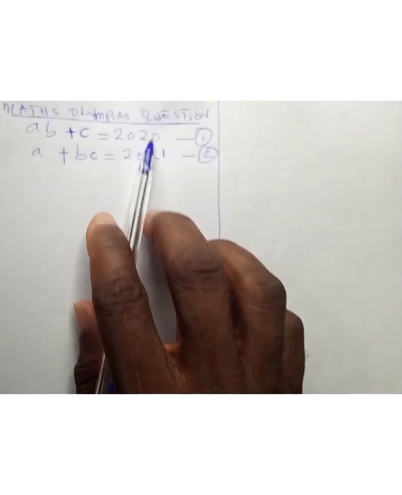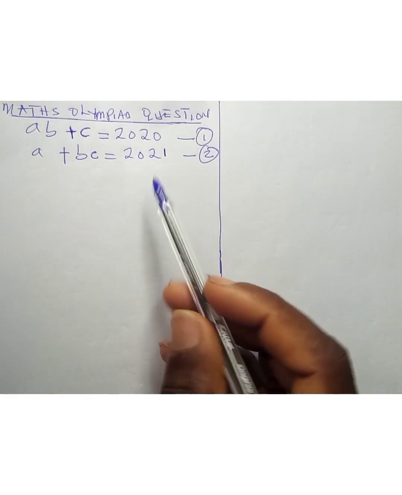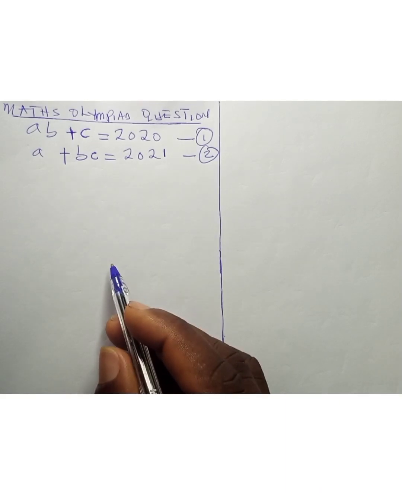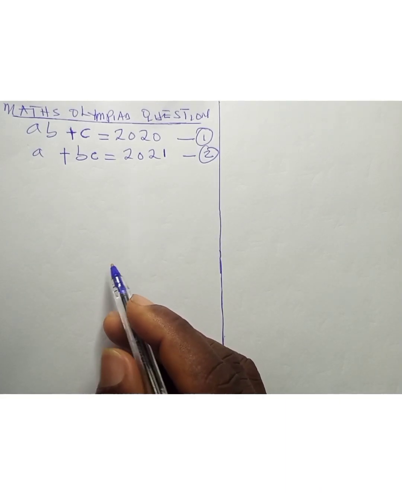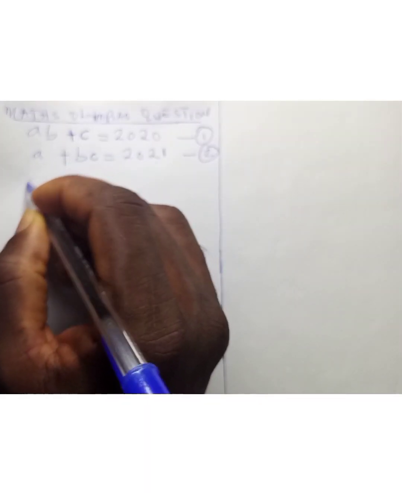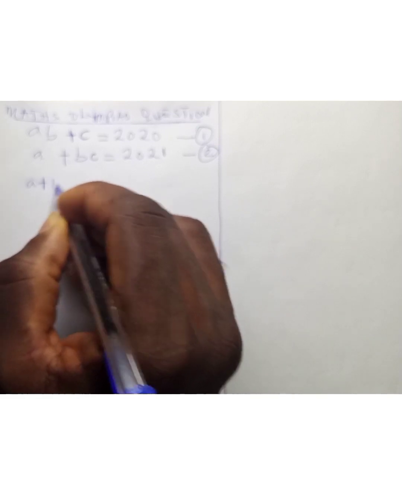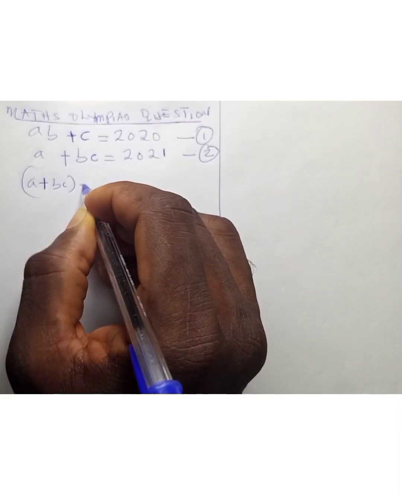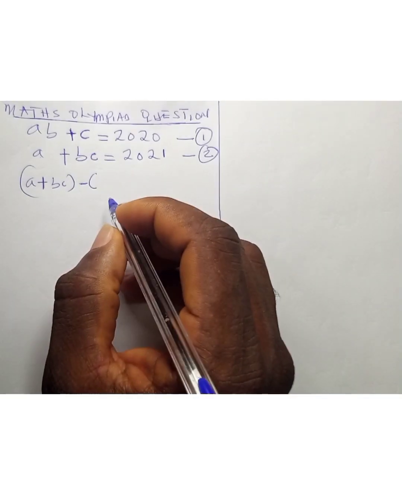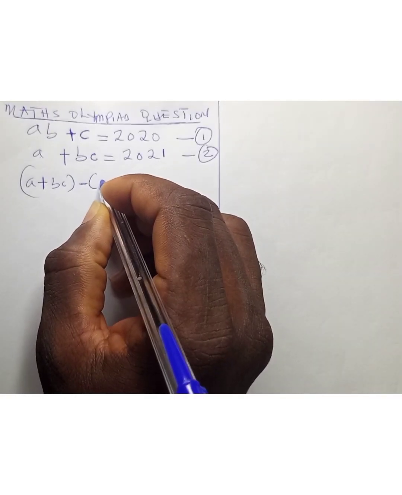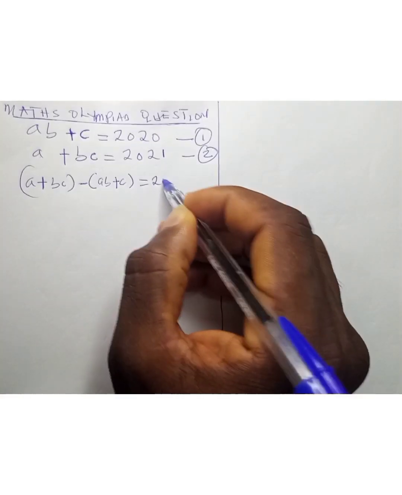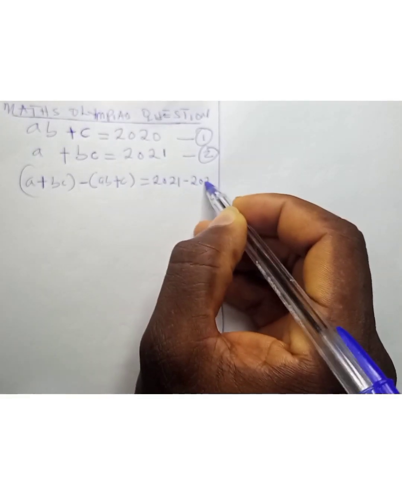If you check the difference between 2021 and 2020, the difference is 1. So what we're going to do is subtract equation 1 from equation 2. We're going to have A plus BC minus AB plus C equals 2021 minus 2020.